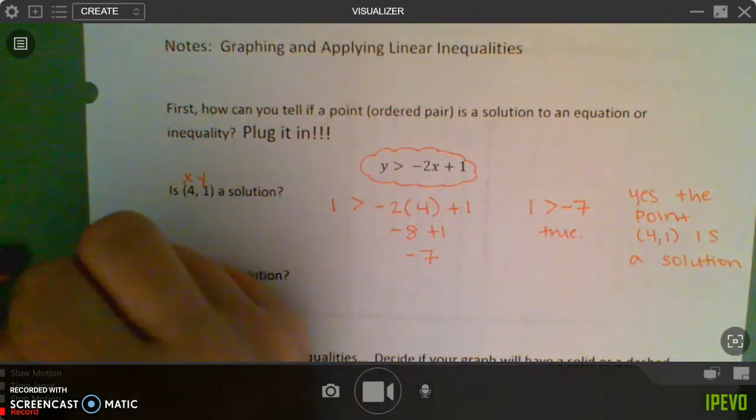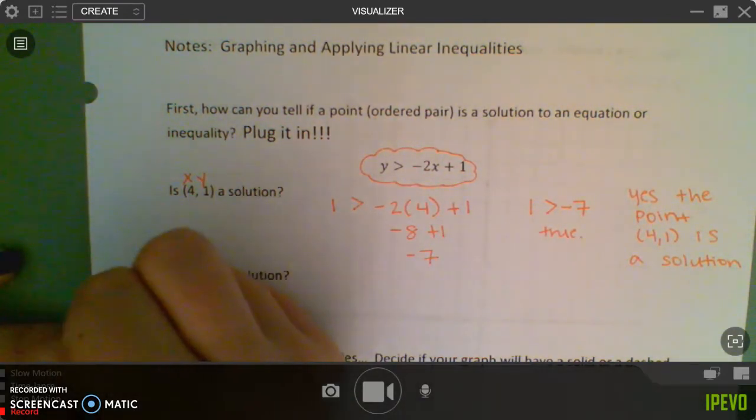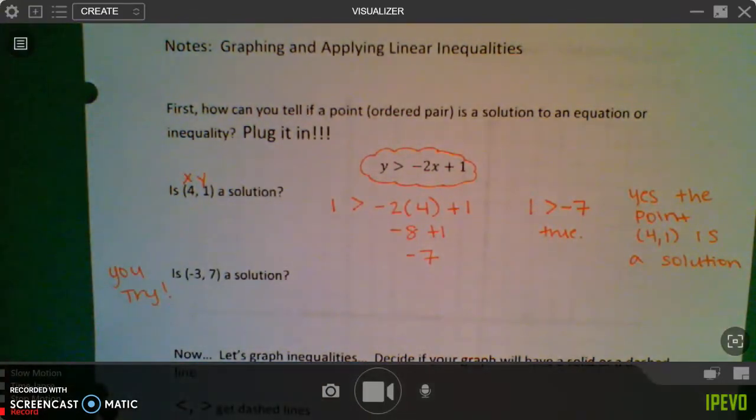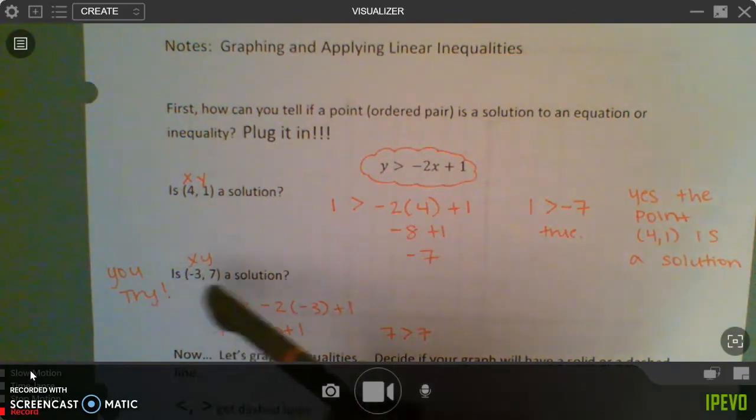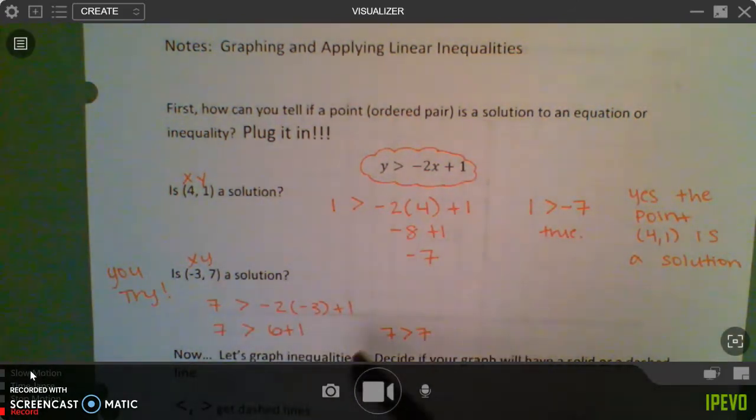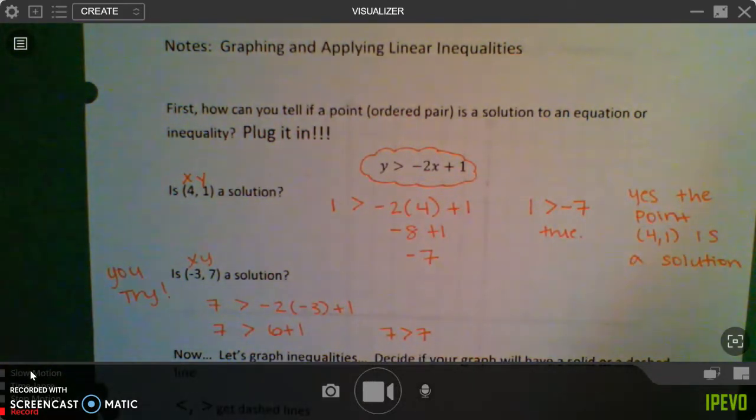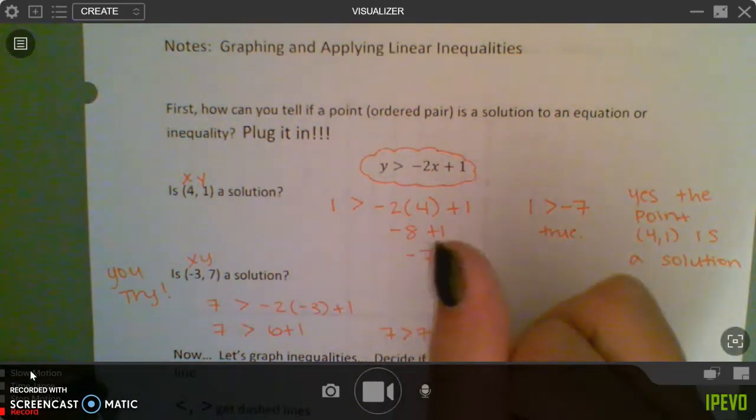Okay, you guys try the second one. Pause this video and try the second one. So you should have paused the video and tried to see if this one was a solution. This point, when you plug in (-3, 7) into the function, you get 7 is greater than 7. 7 is greater than 7, that's false.